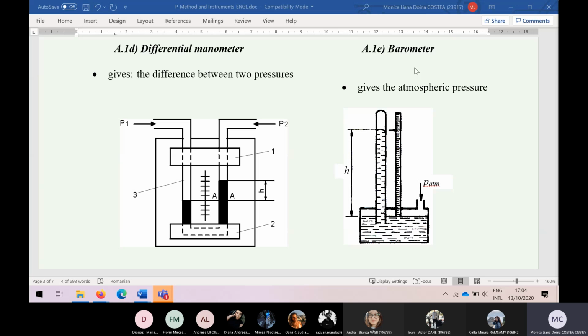The barometer, the modern barometer I mean, does not belong to this type, it belongs to aneroid instruments, but the origin of this barometer actually belongs to this class. I don't think it's something new for you.